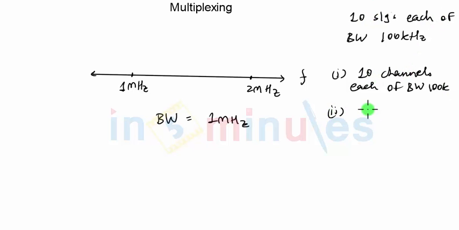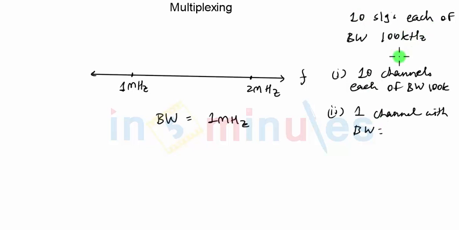The second possibility, the second approach for the transmission of these 10 signals, will be that I can have one channel. Now see, what will be the total bandwidth required for the transmission? 10 signals each of bandwidth 100 kilohertz. So the total bandwidth required for transmission will be 10 into 100k, which will be 1 megahertz.